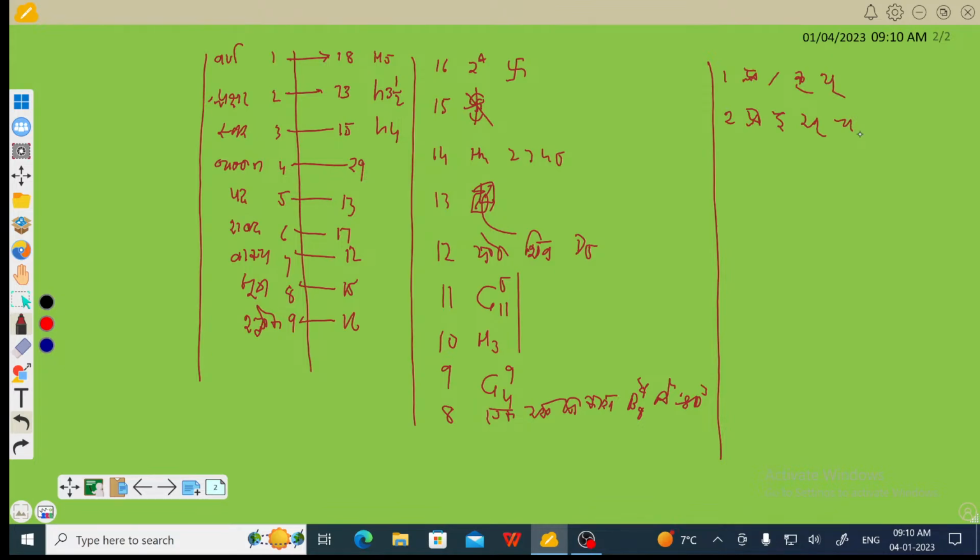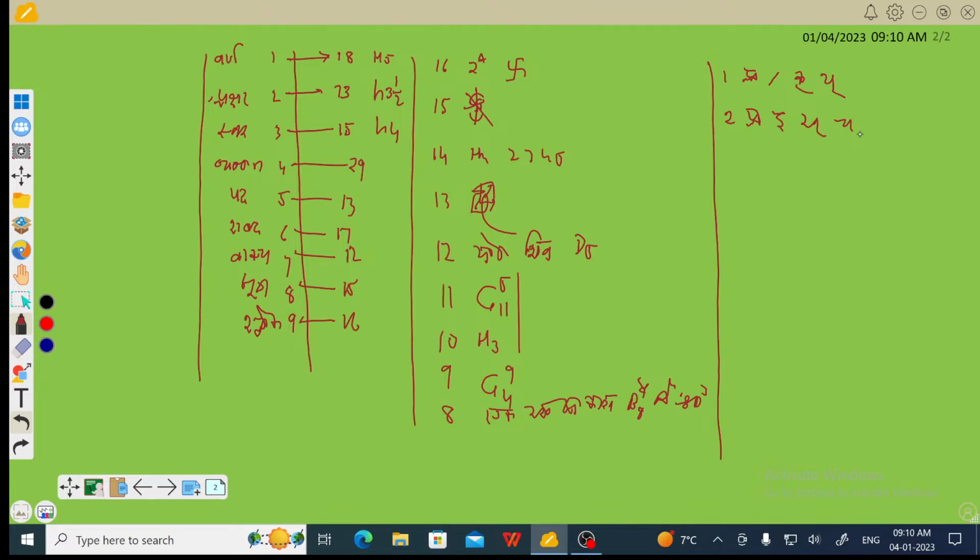Like that we can draw a table, and then C we can have 16 as Jeev and Beach. 15 is Virya, it is Tej. 14 is Sharir, then 13 is Chit, 12 is Yog.